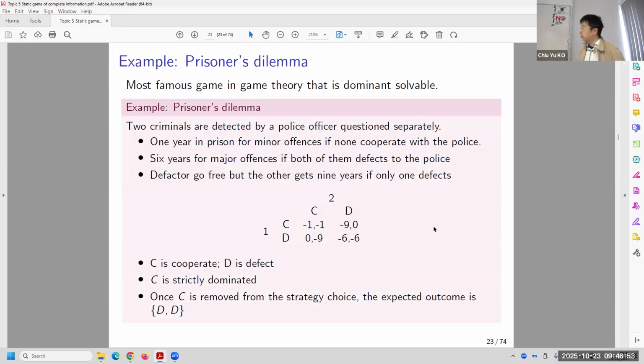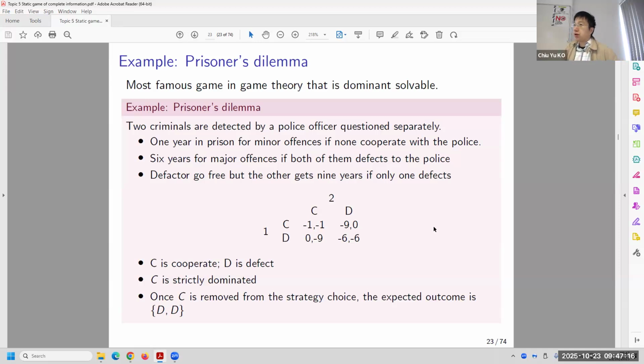If they were allowed to sign a contract, they would not end in DD. If there's a court that can enforce CC, they will do it. If I do C, if they do C, then it's possible.